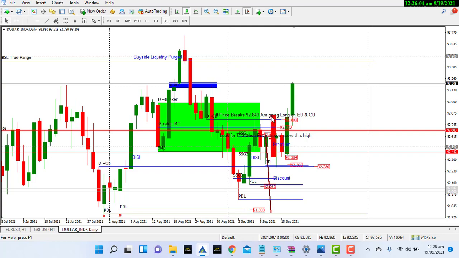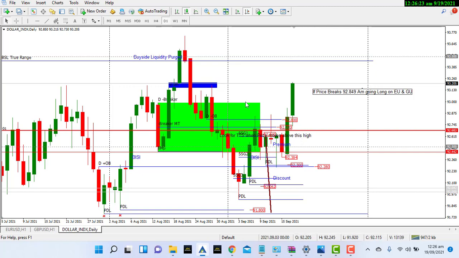Okay, get it. Okay, so this was my expectation for the dollar index.